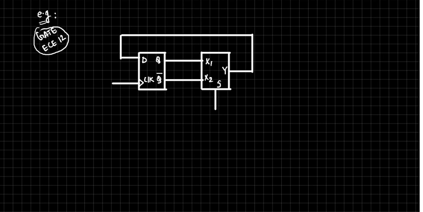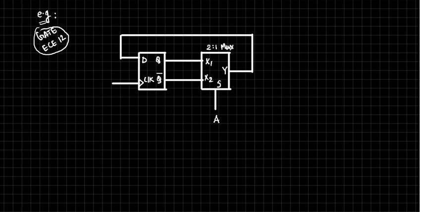Okay, so what is this? If there is a select line, tell me, what is this? A 2:1 mux, isn't it? So this is a 2:1 mux. Now there was a question based on the state diagram.